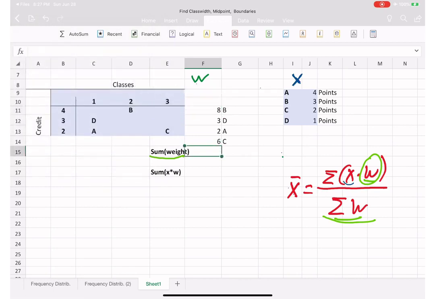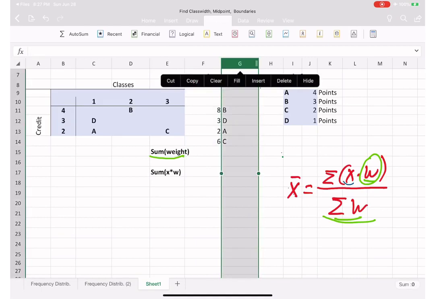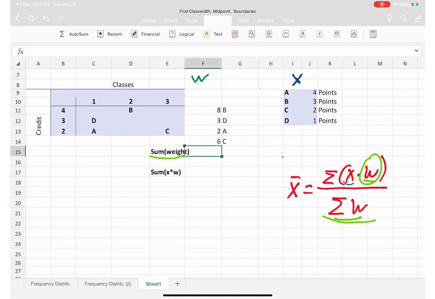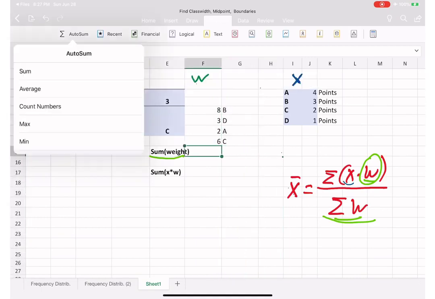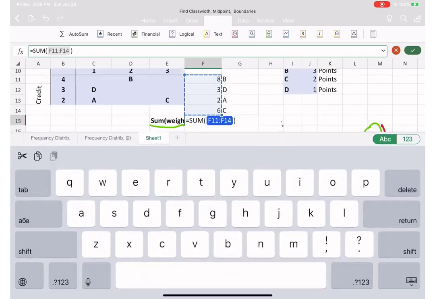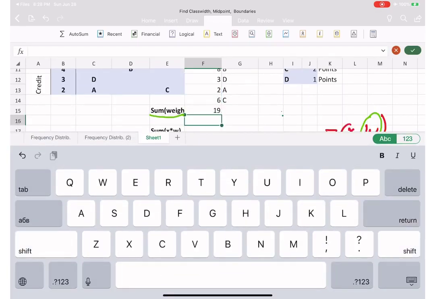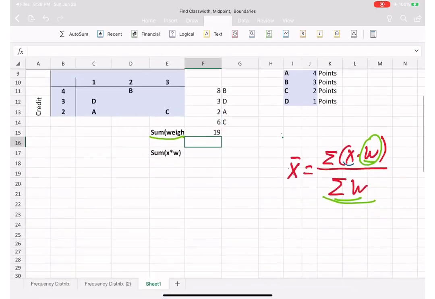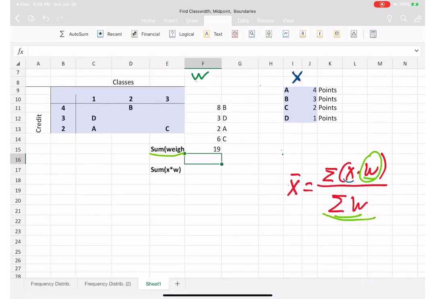Let me see, maybe I can move this a little bit. Let me clean this. It's causing trouble. Okay, sum, there we go. Got it. There we go, 19. So we got sum for this weight. This is equal to 19.